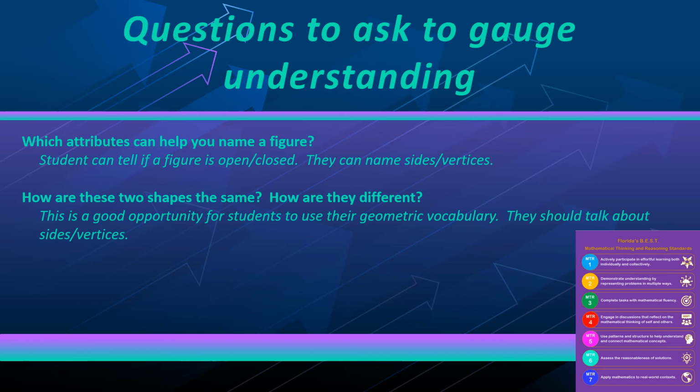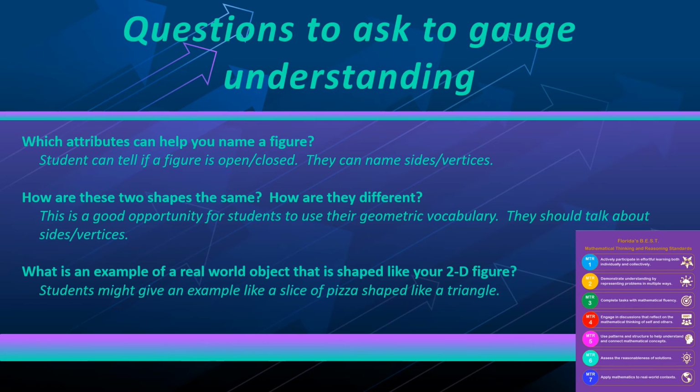We could also ask our students to compare two shapes and to explain to us how the shapes are the same or how they're different. This gives our students a great opportunity to show off their geometric vocabulary. We could also ask our students to give us some real-world examples of two-dimensional figures.